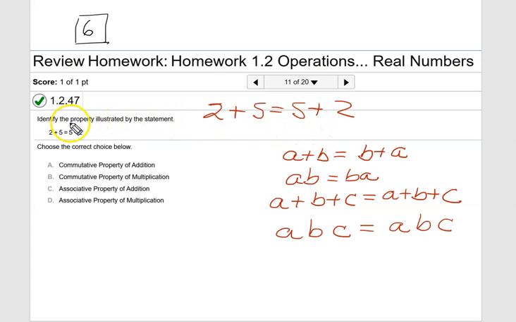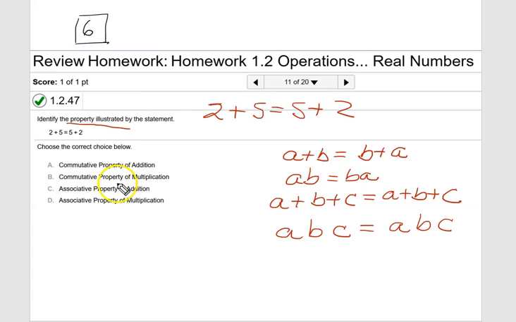And they're asking what arithmetic property is illustrated by this statement. Well, let's just review this because many times these get to be confusing or you just don't know the background. And I'd like you to write these words down here under this example as well. So the commutative property of addition is A plus B equals B plus A. So in addition, we can reverse the order and it's still a true statement.